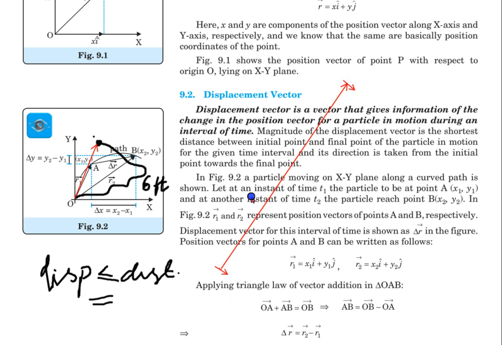So taking the magnitude, distance and displacement are the same here. That is in one dimension, while this is two dimensions. In one dimension, the displacement and distance are equal. We have to remember that.